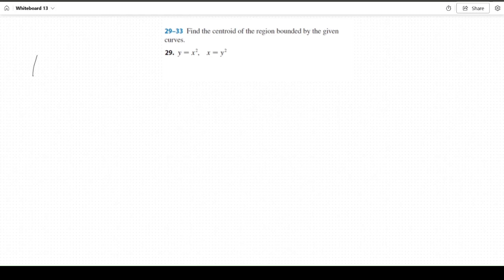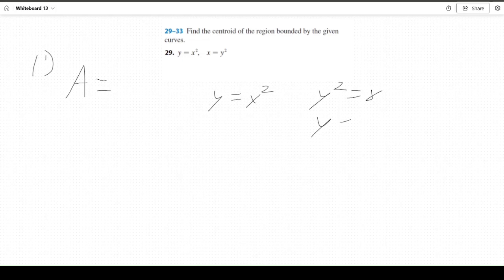So first of all, we're going to find the area. Immediately we can tell we have to find our bounds for the curves. So we can just set these equal to each other. So y equals x squared, and y squared equals x.